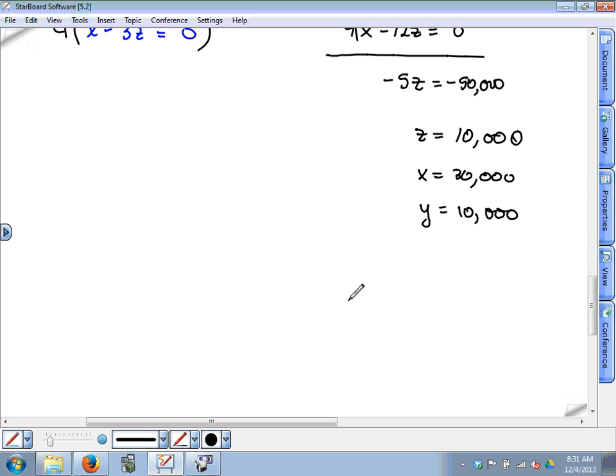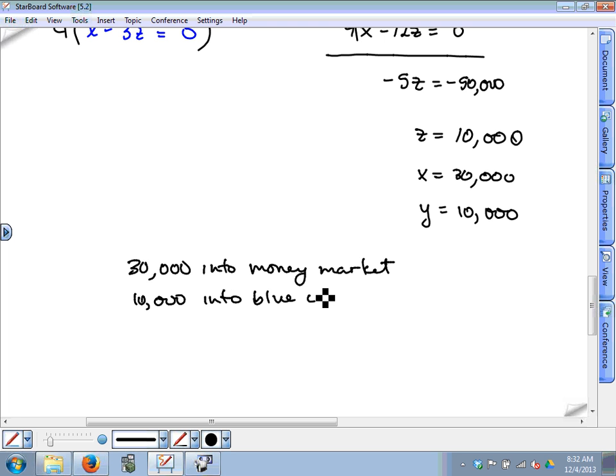Okay? And just to be exact, you need to go back and state exactly how much goes into each fund. So 30,000 into money market, 10,000 into blue chip, and 10,000 into high tech.